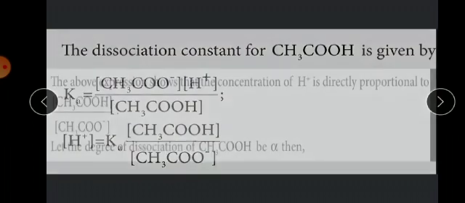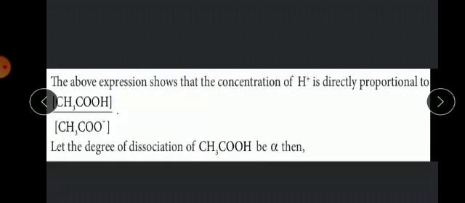Let the degree of dissociation of acetic acid be alpha. We can write that the above expression shows that the concentration of H plus is directly proportional to CH3COOH divided by CH3COO minus.